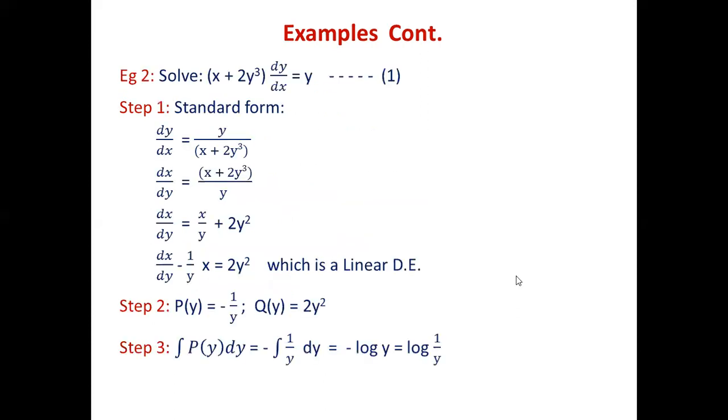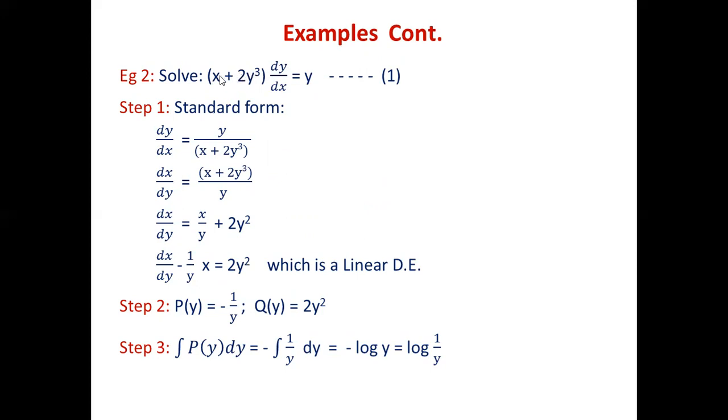When you go to the next type, the derivative of the dependent variable with respect to the independent variable, here it is y and x, but see, in the standard form you should have 3 terms. Now you have to reduce this to the standard form. So for that we have to make the coefficient of dy by dx as 1.